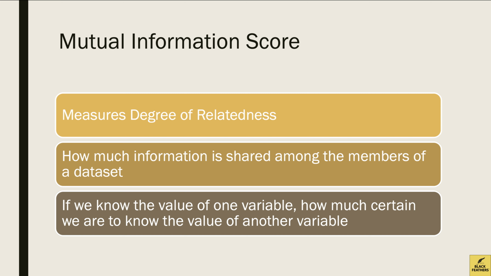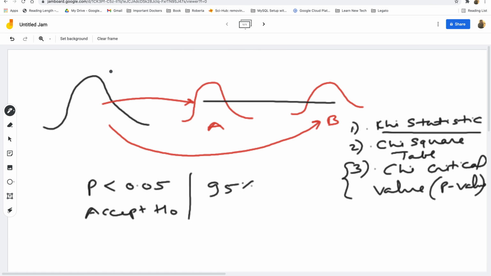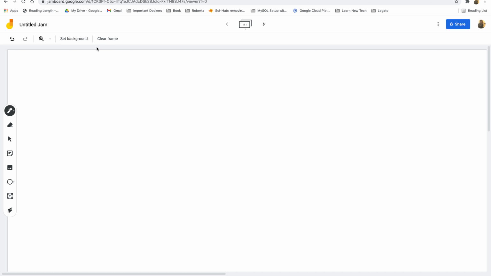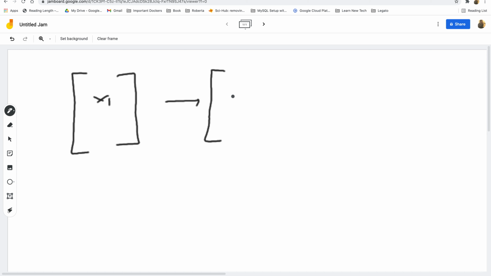Now the next is the mutual information score. If we take two features and try to find the degree to which they are related, then we are talking about the mutual information score, which is also called information gain. Suppose I take any two columns, x1 and y.